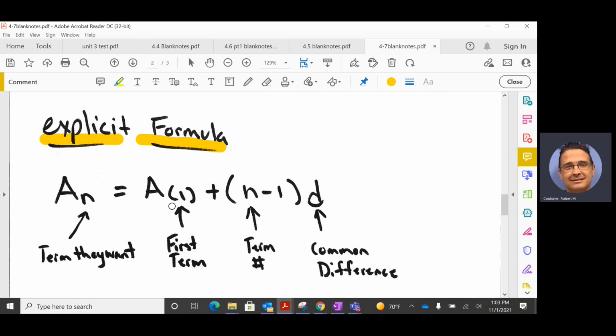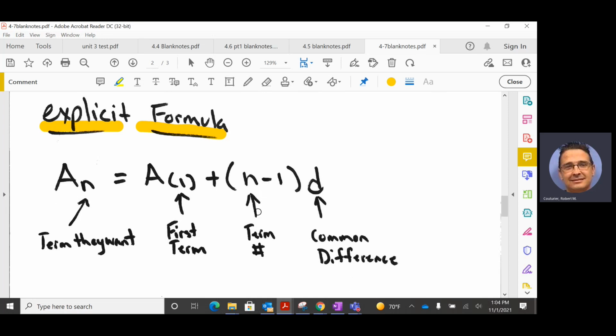And if you start with 2, so a sub 1, what's the first term in the sequence? It would be 2. And our common difference was 2. And so then we plug in that 260-whatever here, minus 1, and away we go on our merry little way. Okay, that actually looks a lot like the word problem from our last set of notes, where there was the ride share problem.